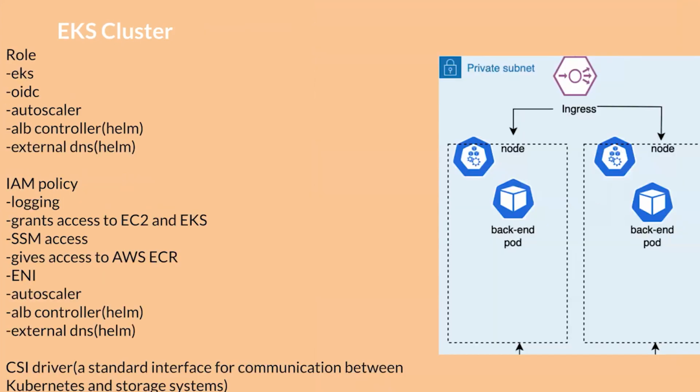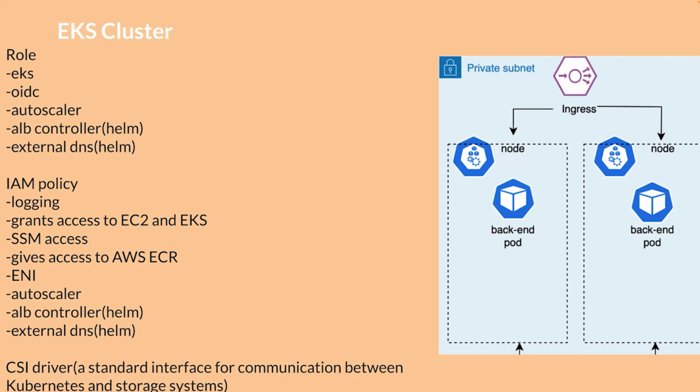For the EKS cluster, I've created these roles for the EKS and autoscaler. I want to say the ALB controller is used for the pods because there are pods in the node groups, so we should get rid of the traditional EKS way of setting listener rules and forwarding to the target group.